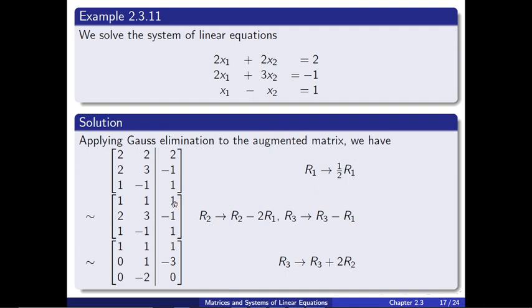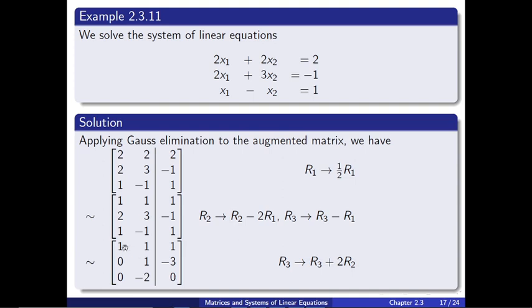Minus 1 minus 2, we get minus 3. For the third row, for it to be a 0, we just say 1 minus 1, so in other words R3 minus R1. 1 minus 1, we get 0. Minus 1 minus 1, we get minus 2. And then 1 minus 1, we get 0, right?